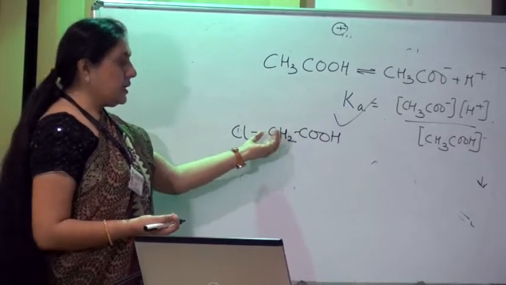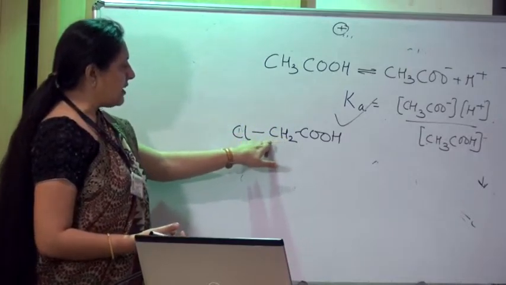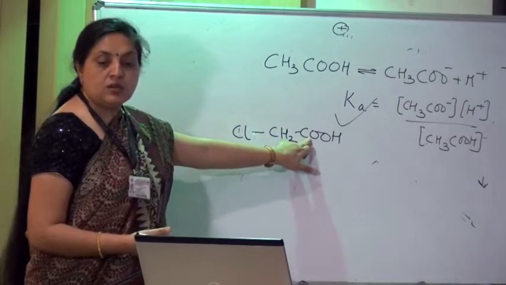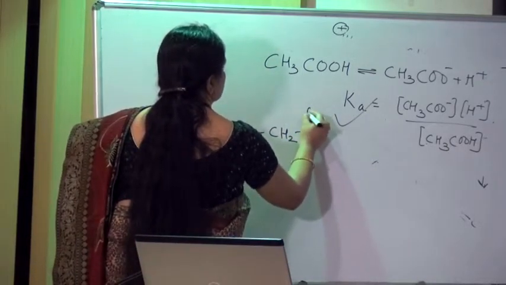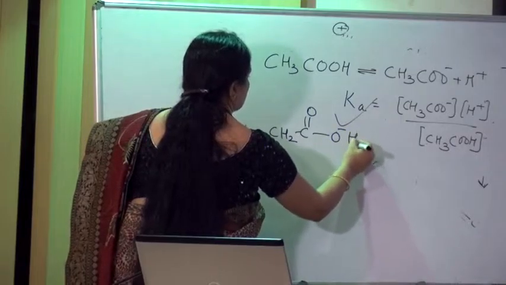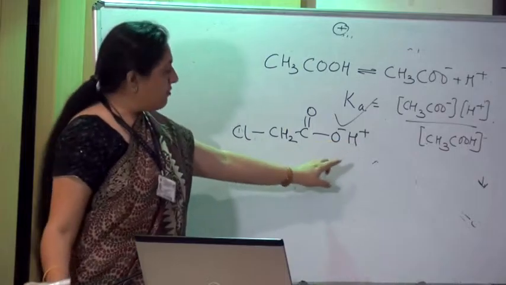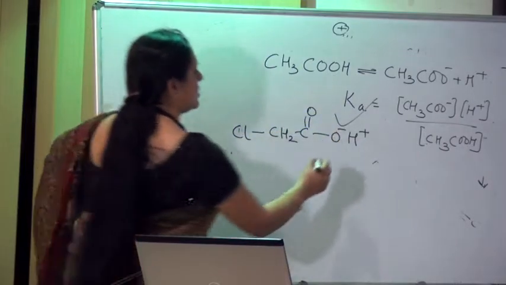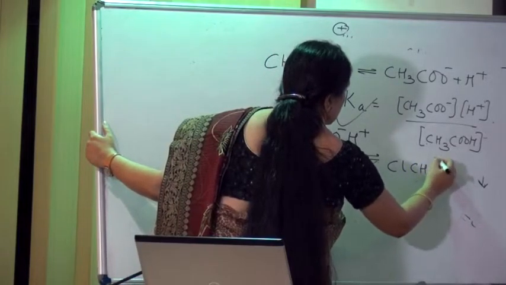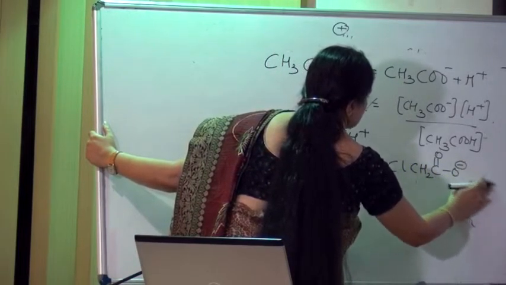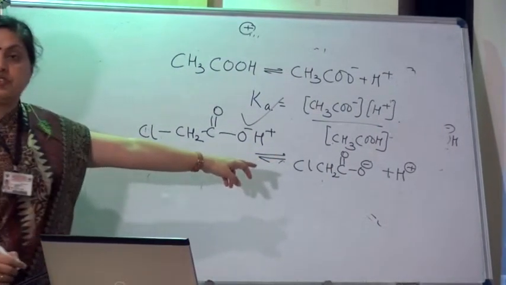There is a partial movement, and then the effect comes on this atom. This is the acid. Whenever its dissociation takes place, what species are going to form? This is the carboxylate ion plus H.